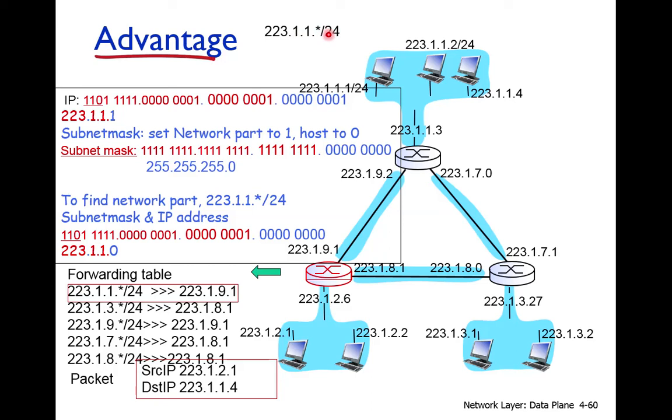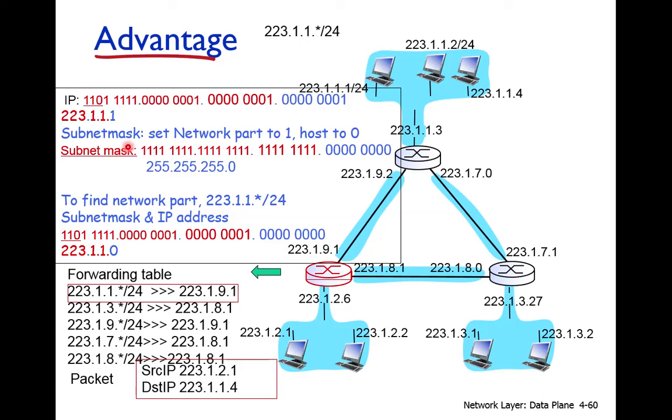This /24 specifies that the first 24 bits are for the network part. So instead of representing the network part of an IP address by using /24, we use another scheme, and that is called the subnet mask.